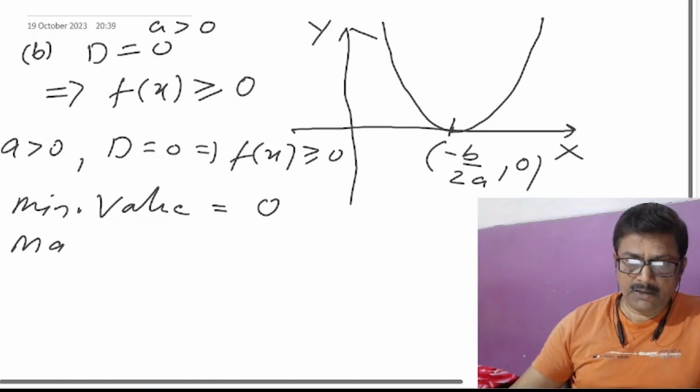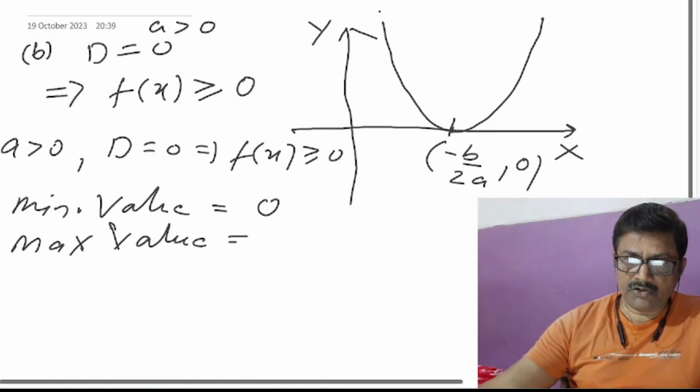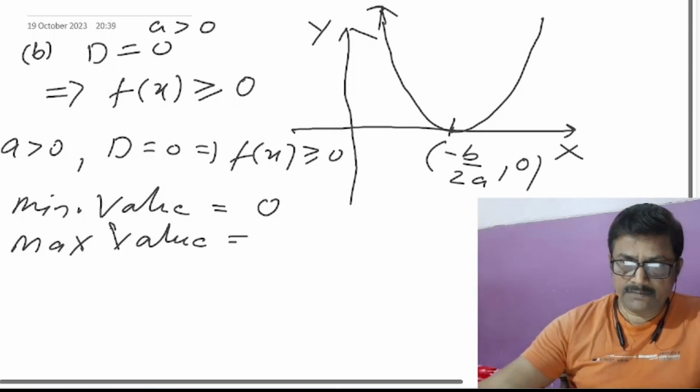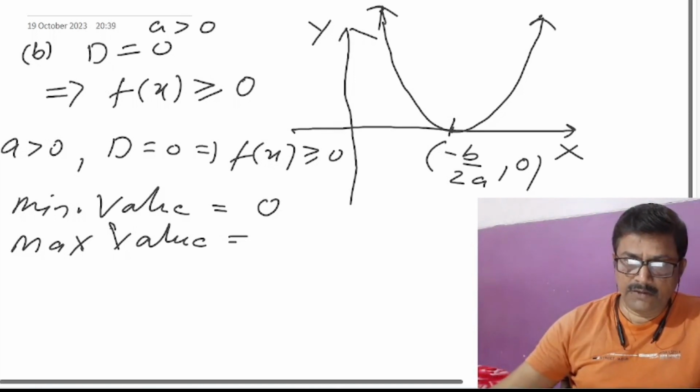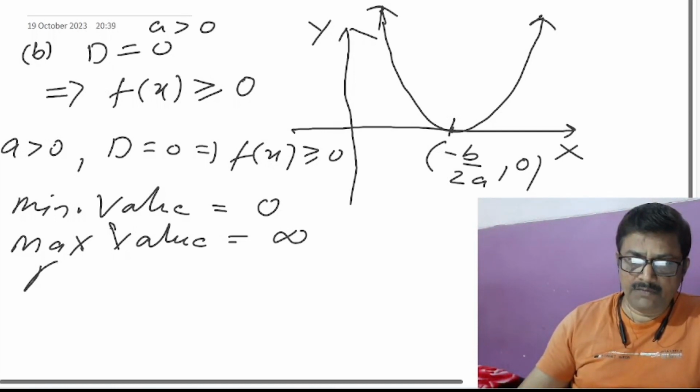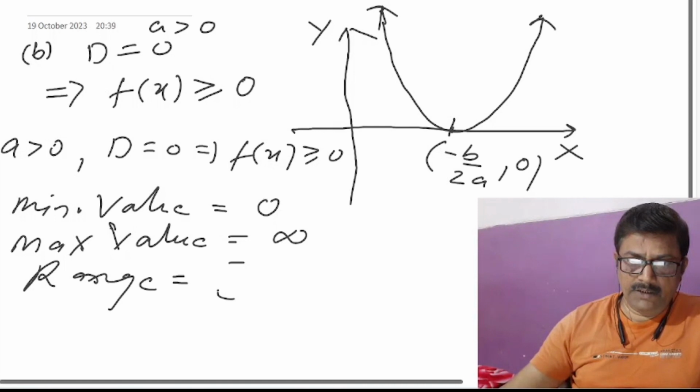Now I will take the maximum value. You can see the graph is going upward, not stopping anywhere, so y will go to infinity. So the minimum will be 0 in this case, and the range, meaning the value of y, will be 0 to infinity.